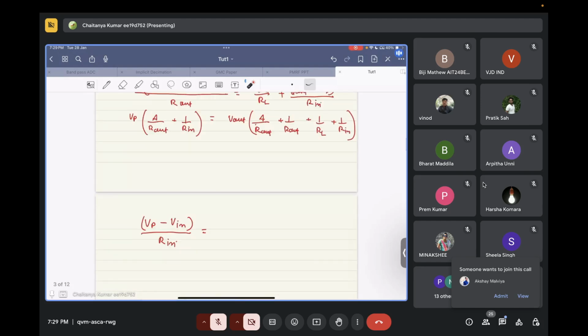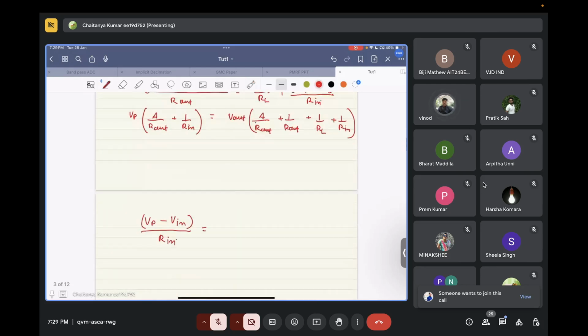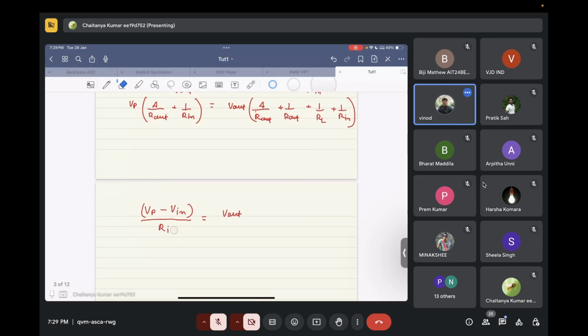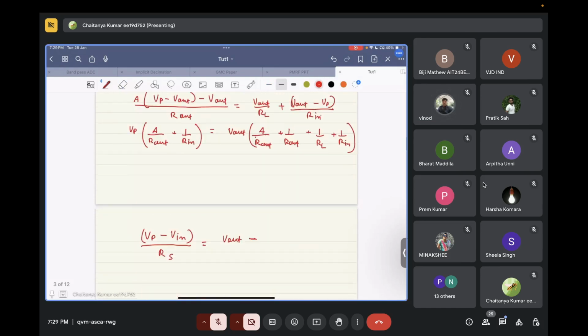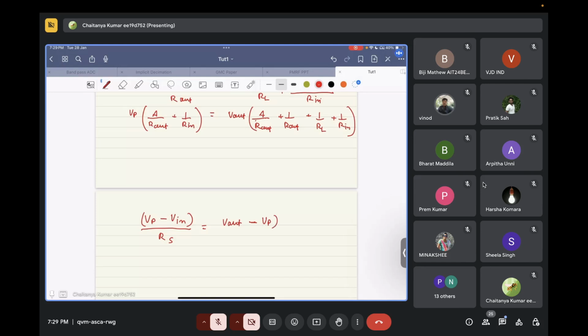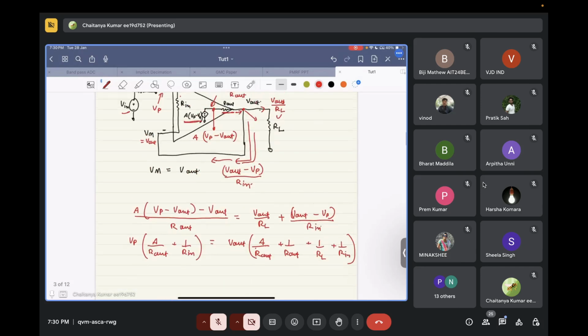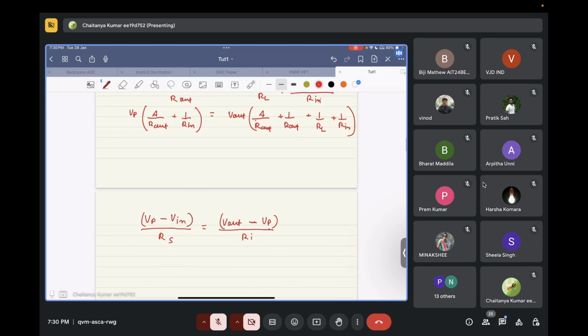So Vp minus Vin by Rs, it will be Rs, correct, is equal to V out minus Vp by Rn.